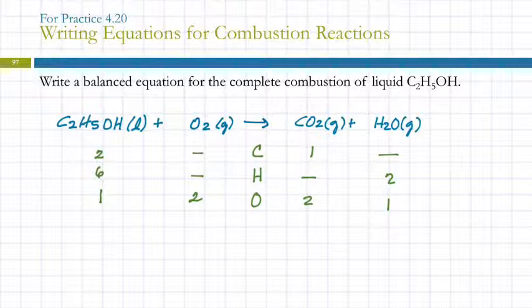So I want to put a 2 in front of CO2, and that's going to change all of the tallies underneath. Then I'm going to look at the hydrogens. I've got 6 hydrogens over here and 2 over there. So if I had 3 water molecules, I'd have 6 hydrogens, then I'd have 3 oxygens.